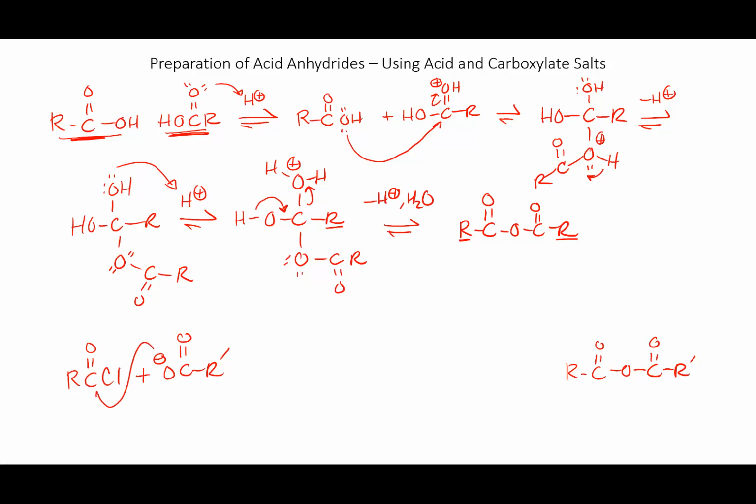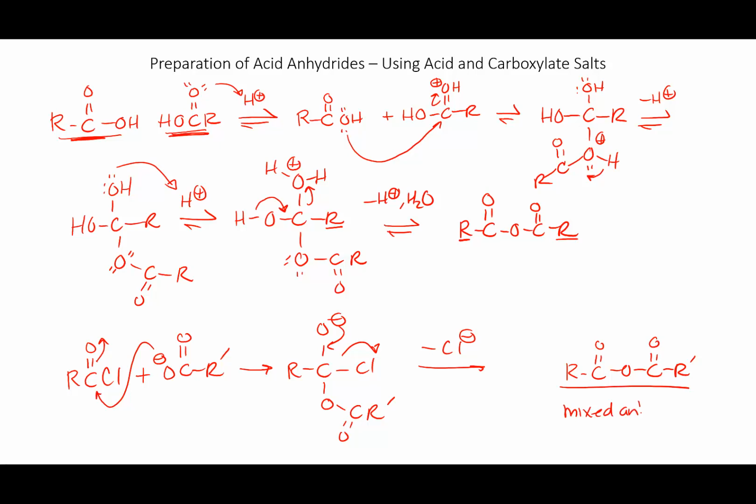This is now a nucleophile, it will come in, so that what I will end up doing then is forming the O- along with the Cl, and now the other carboxylic acid will have added. The O- reforms the carbonyl, chloride gets kicked off. So when I lose the Cl-, I end up forming what's called a mixed anhydride. So the best way to make a mixed anhydride is to react a carboxylate with an acid chloride.